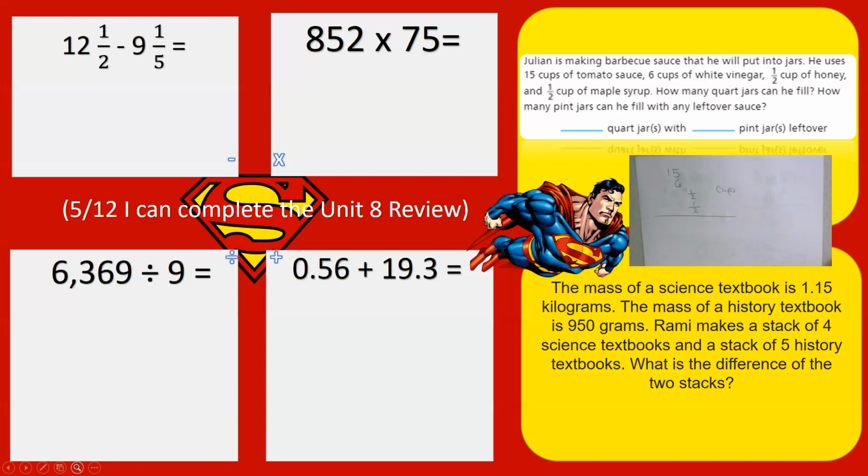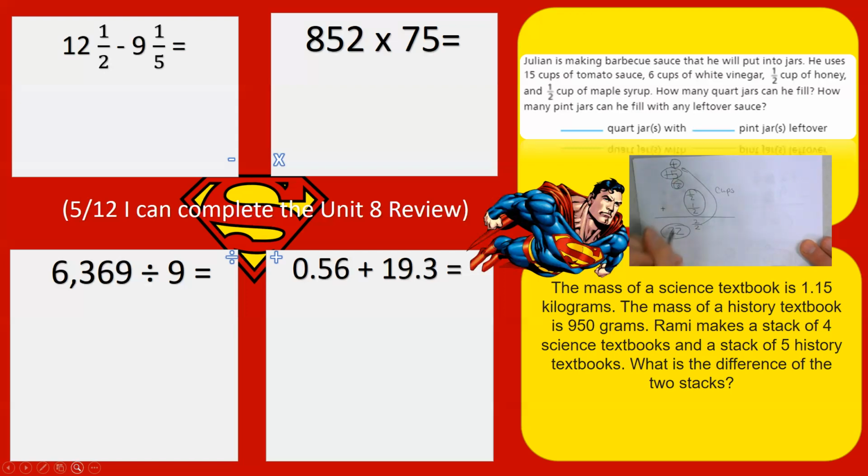So first thing I have to do is add the sauce together to see how much total barbecue sauce we're dealing with. So half plus a half is 1 whole, right? Half plus a half is 2 halves, and 2 halves is 1 whole. So I have 6, 15, and 1, right? 15 plus 6 is 21 and 22.